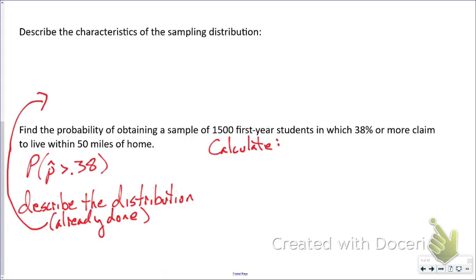So we said a second ago right here that the sampling distribution was normal, right? And if it's normal, can't I find the z-score of 0.38?